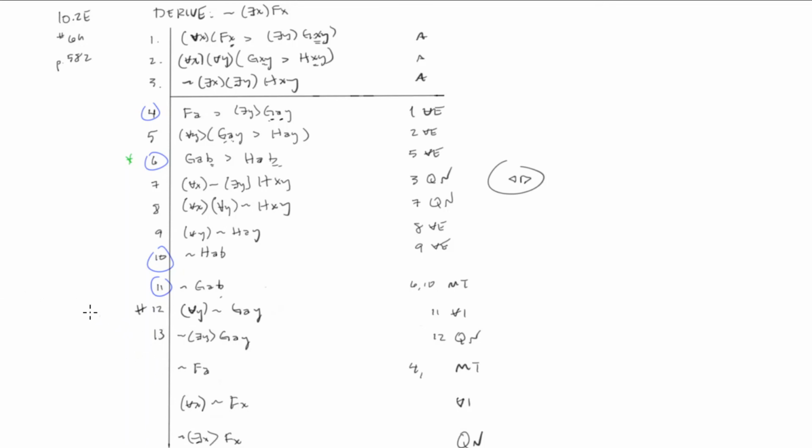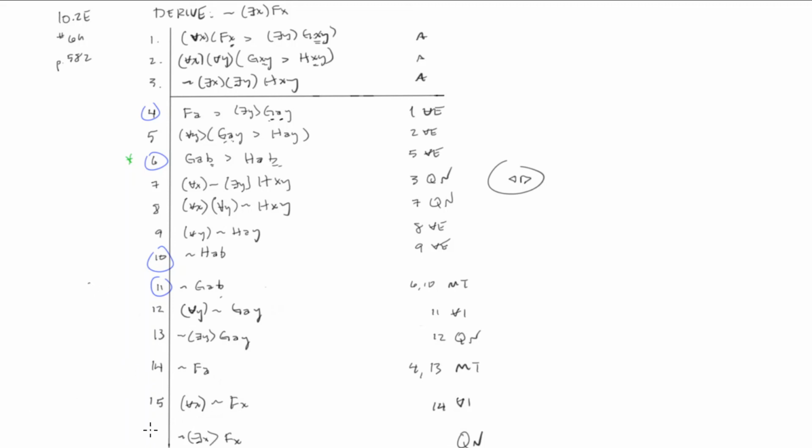Okay, so then line 14 comes from 4 and 13, modus tollens, doesn't it? So we have what we were sort of dreaming of here. If we could get this, we would use it to do modus tollens on line 4 and get tilde FA. And then line 15 is universal introduction on line 14.